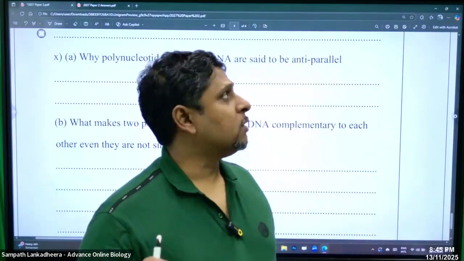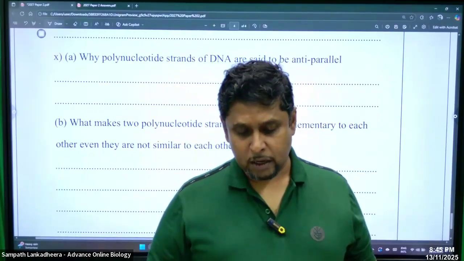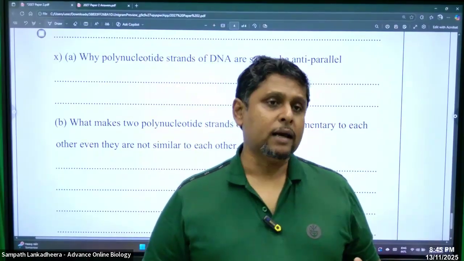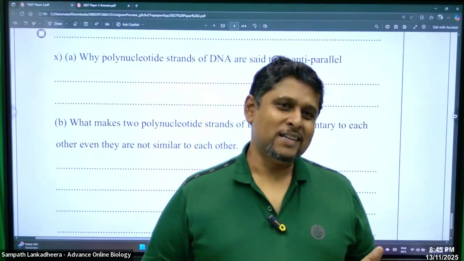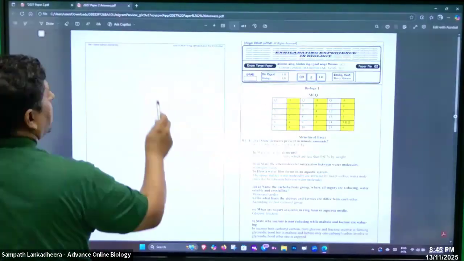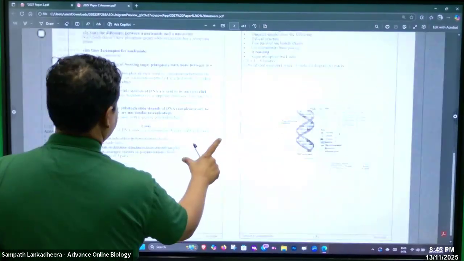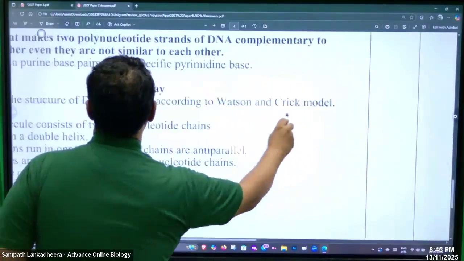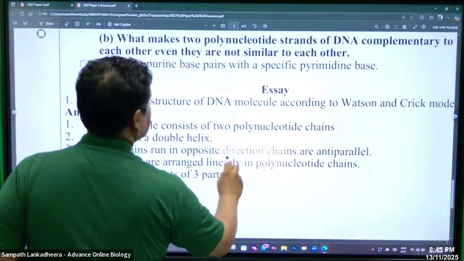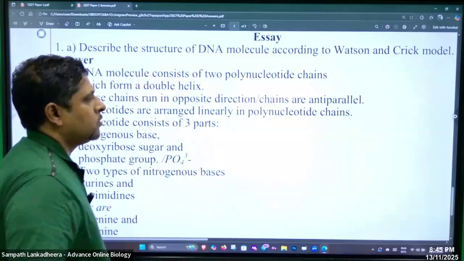So, people, the essay question I asked this time: describe the structure of the DNA molecule according to the Watson and Crick model. Check the marking scheme, people.